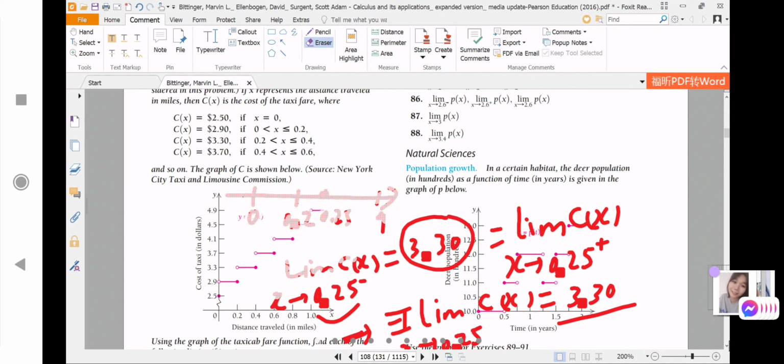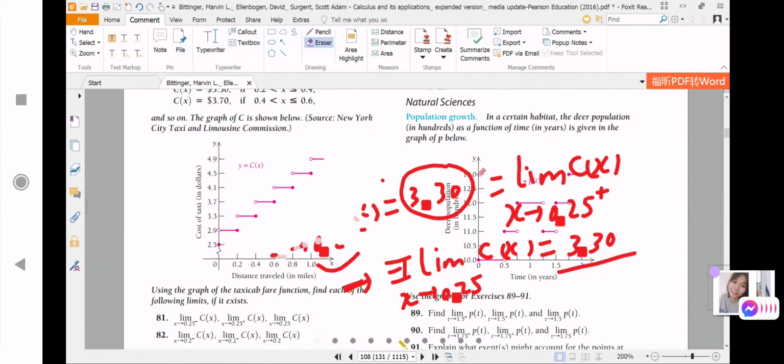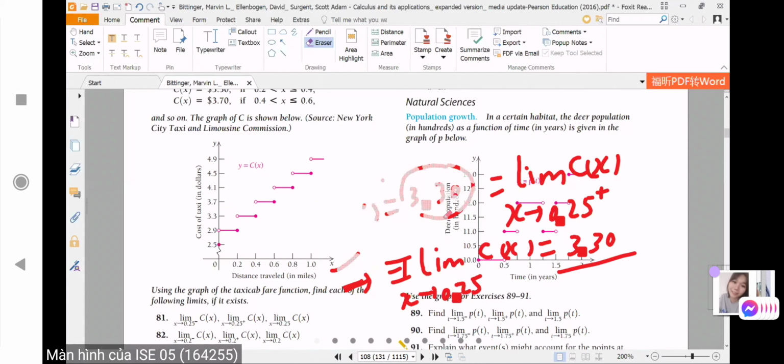Yes, correct answer. And what about the right limit? Right limit at 0.2. 3.3. 3.3. So in this case, we have the left limit and right limit are different.